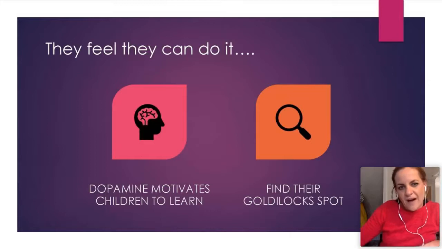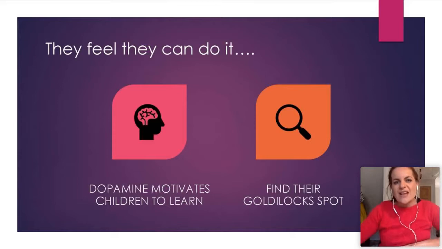We want to find that child's Goldilocks spot, the point where it's not too tricky, it's not too difficult, and it's not too easy. Now, in order to find their Goldilocks spot, we've got to make sure that we're accurately aware of their starting point. Which sounds do they know? Which sounds do they not know?